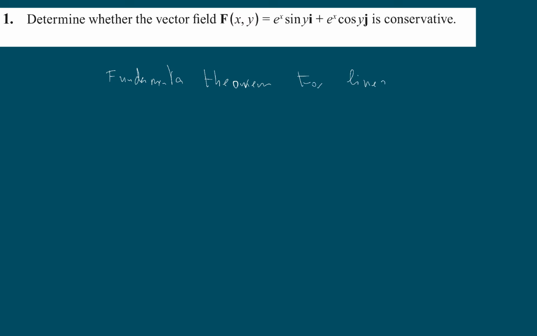Now, if F is a conservative field, what it means that F is conservative is that there exists a function little f whose gradient is the vector field. Then something incredible happens.